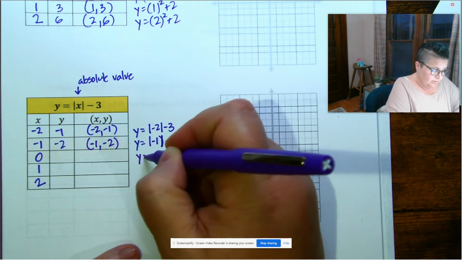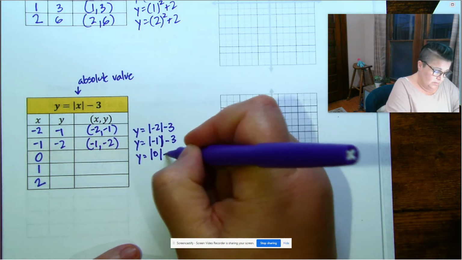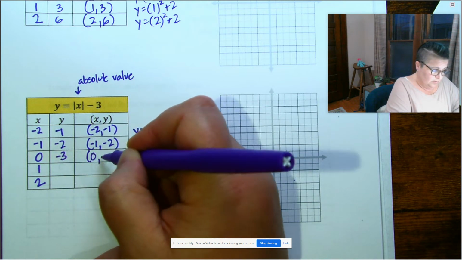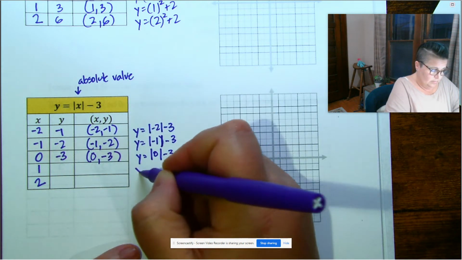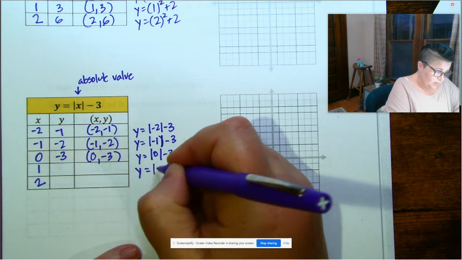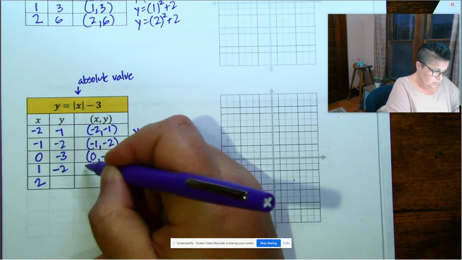If we let our x value equal 0, the absolute value of 0 is 0, and when I take 3 away, I will be at negative 3. So 0, negative 3. If I let my x value equal 1, the absolute value of 1 is 1, minus 3 is negative 2.